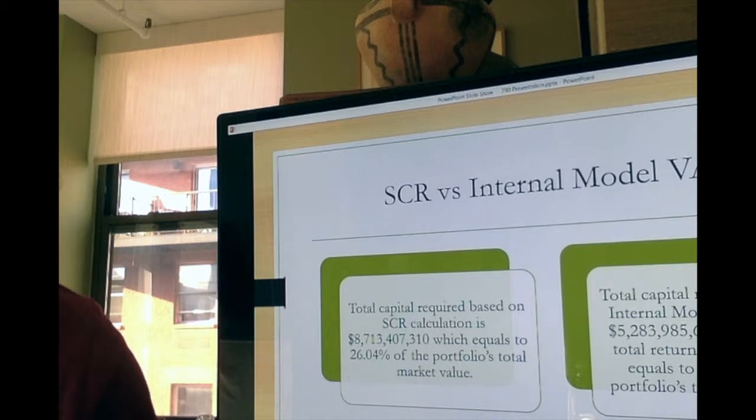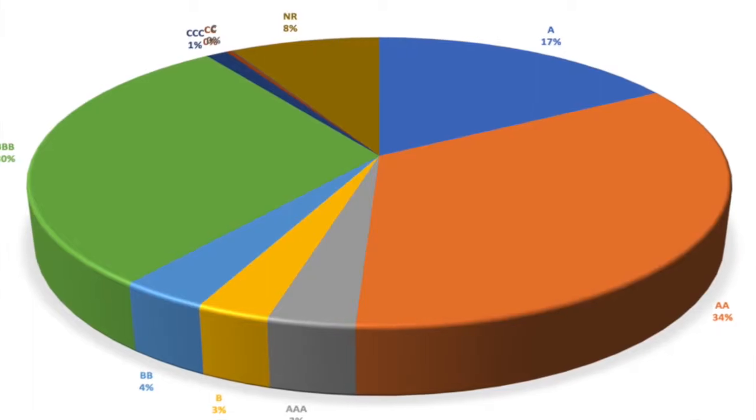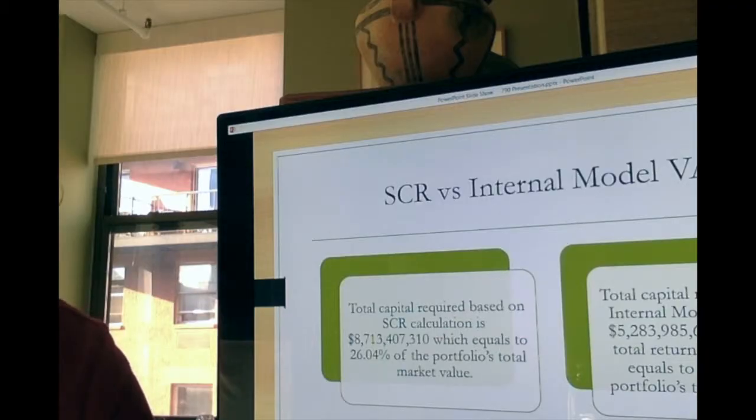And also another reason is that around 10% of their investments is in non-investment grade bonds like Bs, CCs, Cs, BBs, and this is also another trigger, I believe, to have that high number.